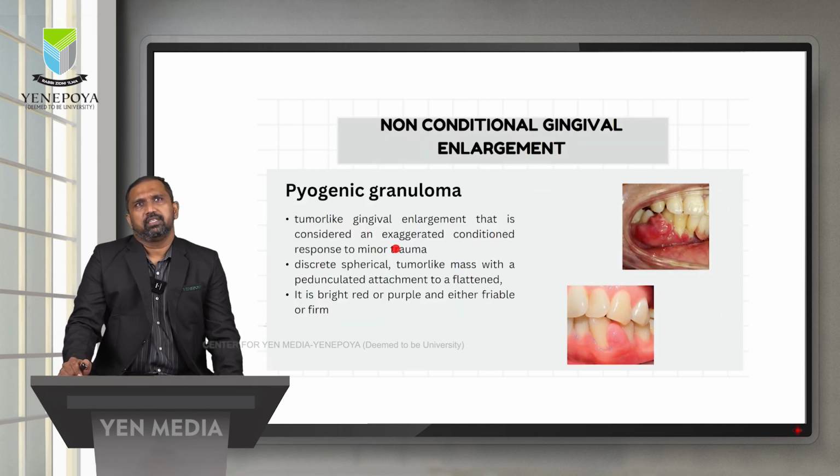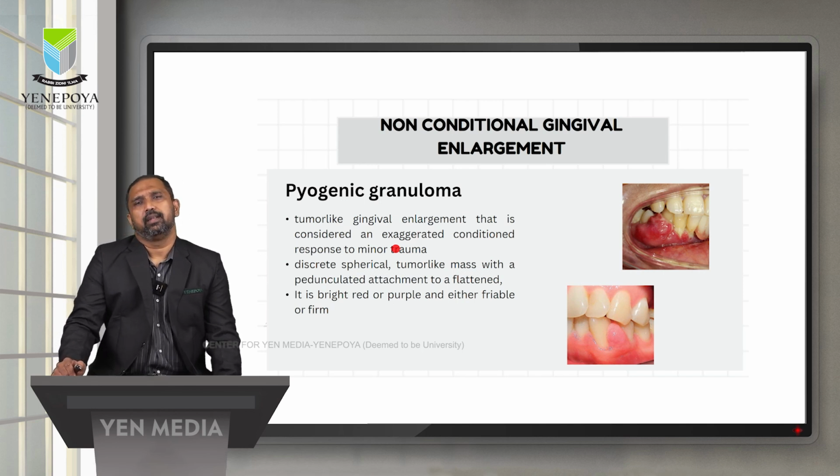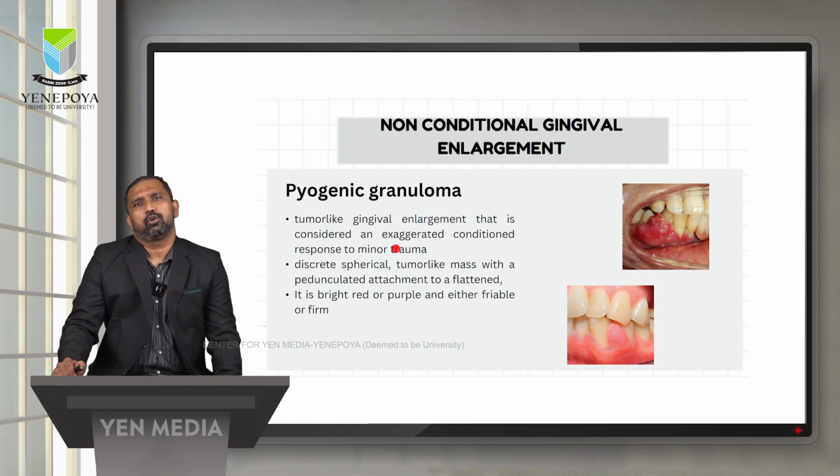Another non-conditioned gingival enlargement, earlier called pyogenic granuloma, is nothing but a small tumor-like enlargement seen in both males and females, but the female predilection is a little higher. This is an exaggerated response to a minor trauma, but typically the exact reason is not found. It is a discrete spherical tumor-like mass with a pedunculated attachment or a flattened one.